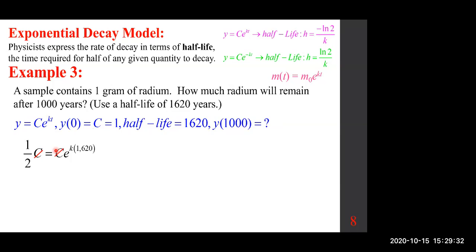Now, look at the right side. The right side is e to the power of something, 1620k. So if you take the natural log of both sides, you practically solve this. Natural log of the left is equal to the natural log of the right. The right side becomes 1620k, and the left side becomes ln1 minus ln2.